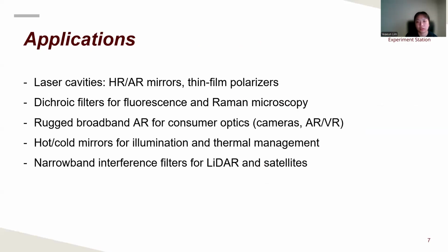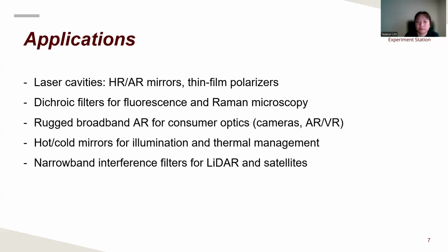These interference coatings appear almost everywhere in optics. In lasers, high reflector and anti-reflection coatings form the cavity mirrors and minimize loss. Thin film polarizers are also used in many ytterbium fiber and titanium sapphire systems. Dichroic filters separate excitation and emission light in fluorescence and Raman microscopes.